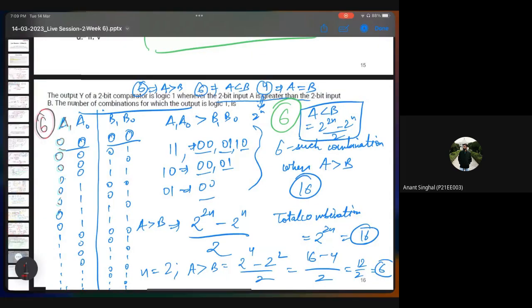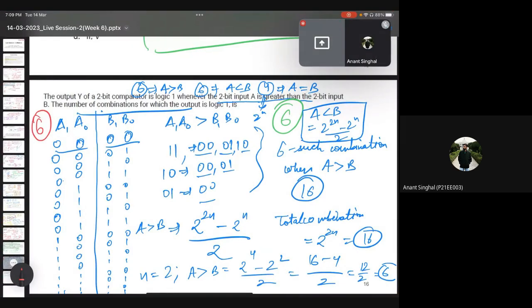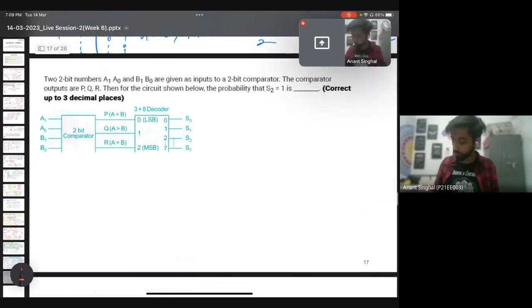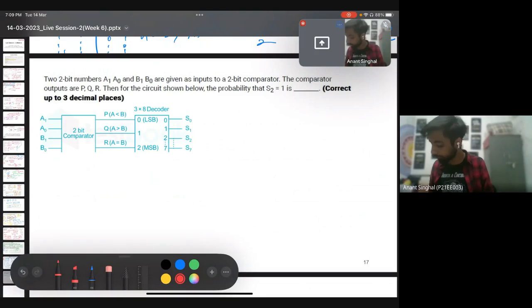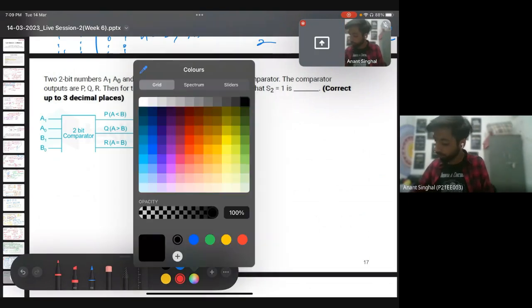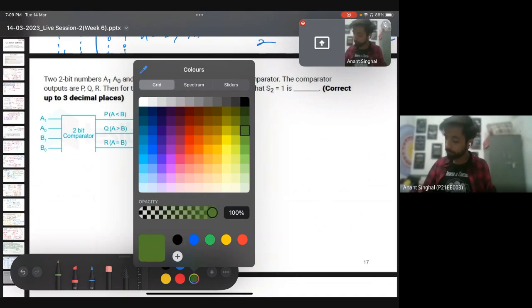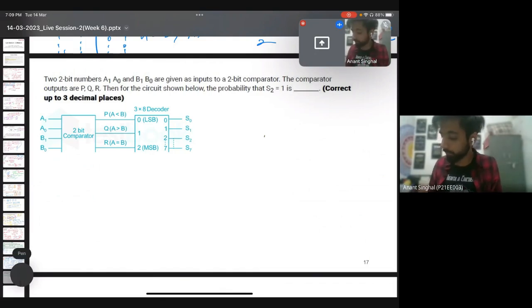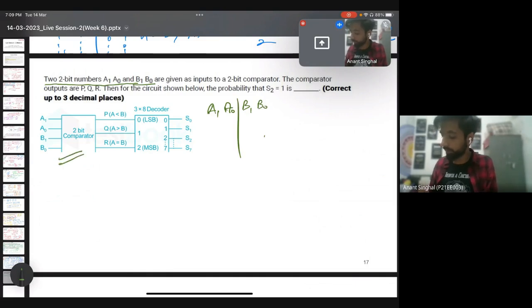Okay, so let's start the next problem. Again, this is an interesting problem. It says two 2-bit numbers A1, A0, and then B1, B0, are given as input to a 2-bit comparator.